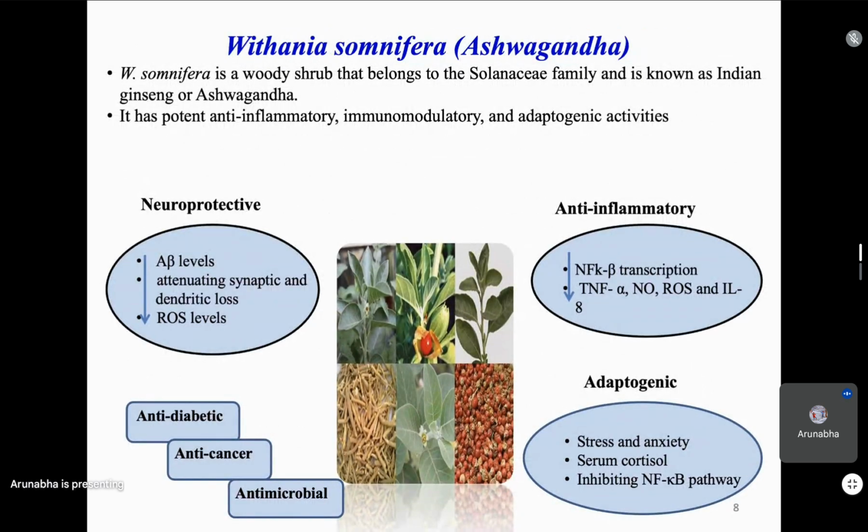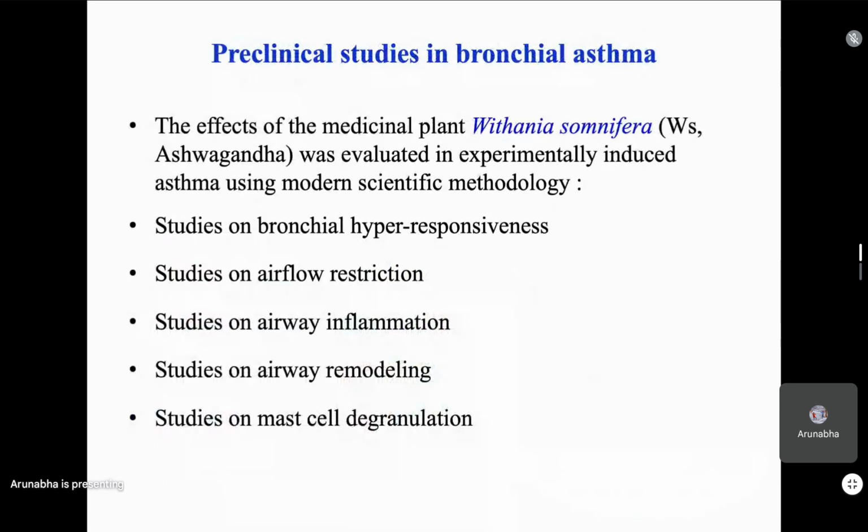So this is a schematic representation of Withania somnifera. You can see that it is anti-inflammatory, adaptogenic, and several other properties are known. So it is the anti-inflammatory, immunomodulatory, and anti-stress effects that we will be targeting when we look at the potential of Withania somnifera in bronchial asthma.